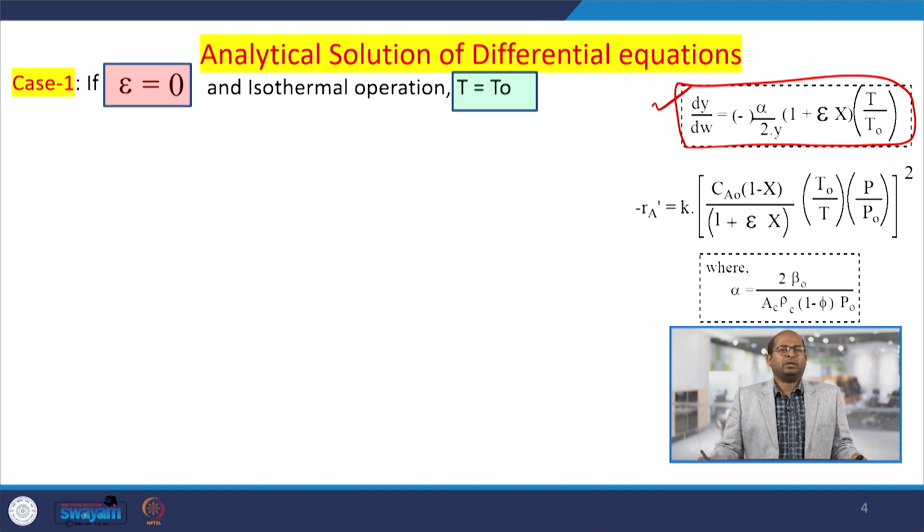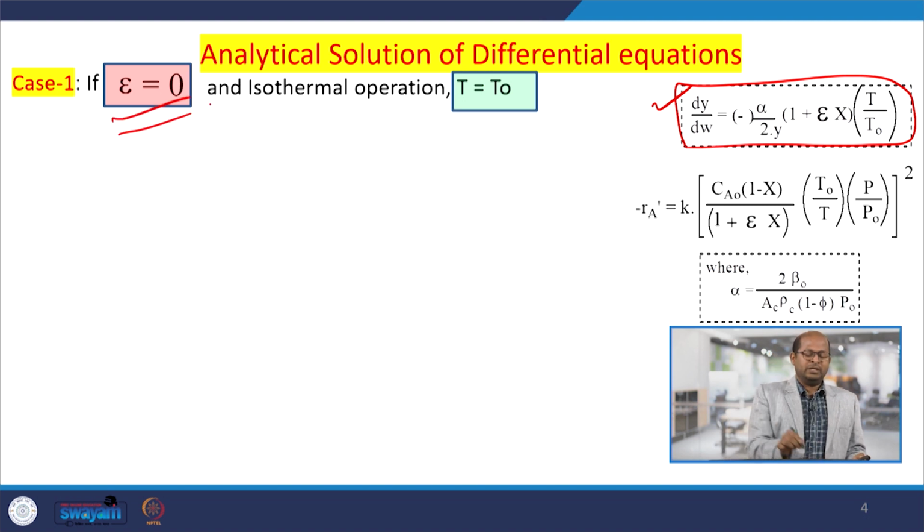If we look into the stoichiometry of any reaction, there may be a possibility of a change in moles. Initially, if we take let us say 2 moles or 1 mole of reactants, once the reaction is over there is a possibility of a change of moles, or maybe not. So two cases are possible: either there is no change of volume or moles in the reaction, or there is a change.